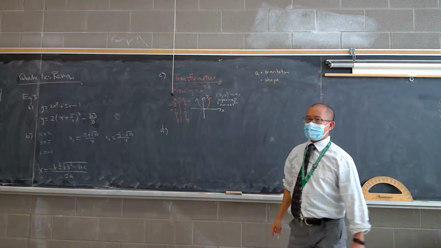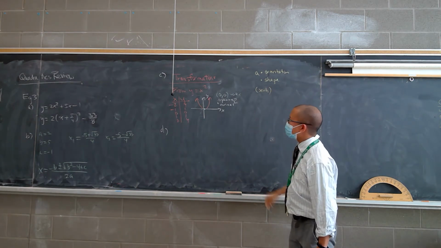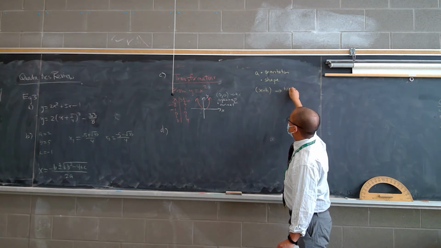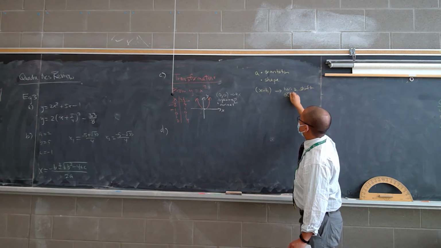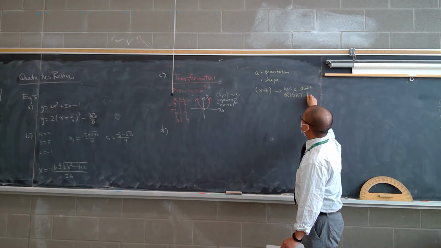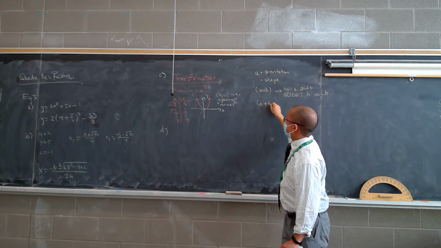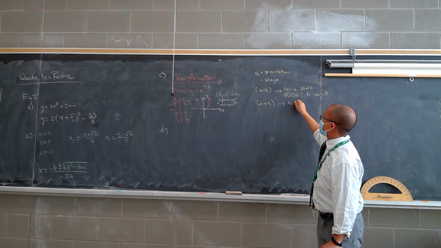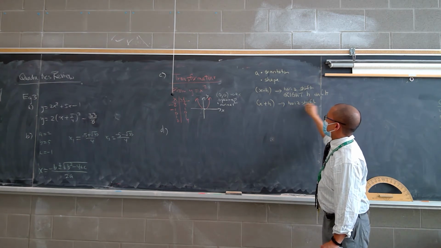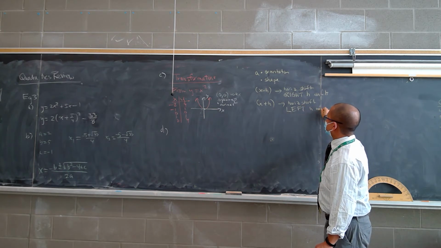I'll use the h and k format if that's okay. If you see it written as x minus h, this means a horizontal shift right h units. If you see it like this, x plus h, it's a horizontal shift left h units.